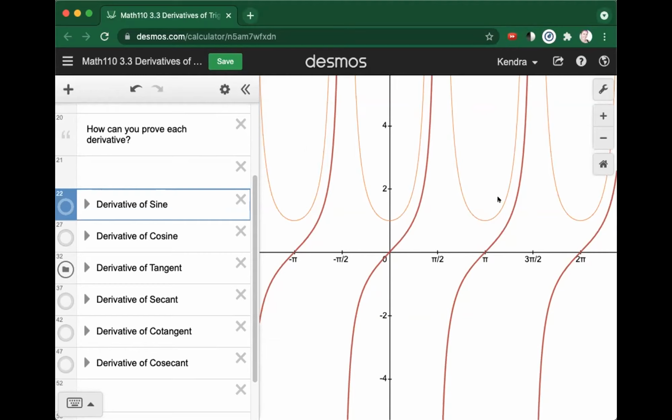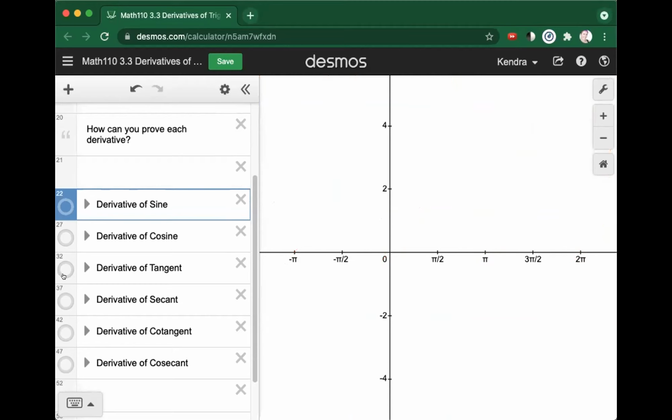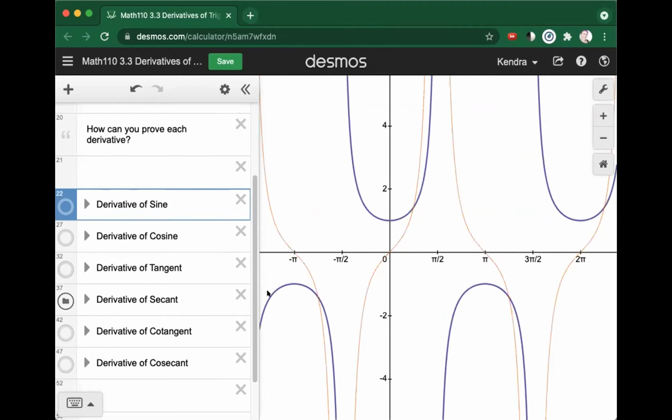This does not look like any trig function. It is not one of our basic trig functions. So we're actually going to use some tools from differentiation in order to calculate the derivative of the tangent function. And let's just take a look at the derivative of secant.